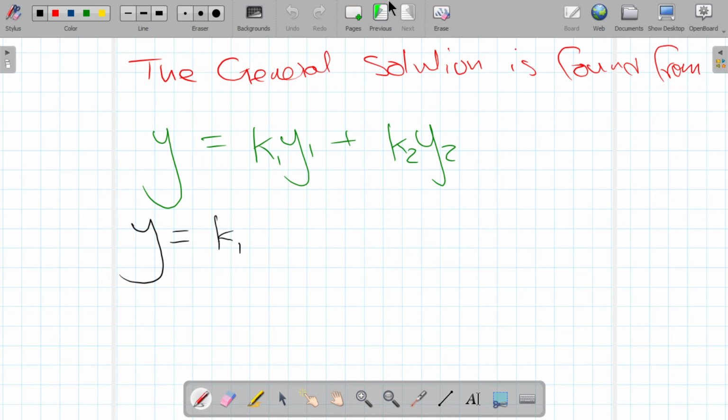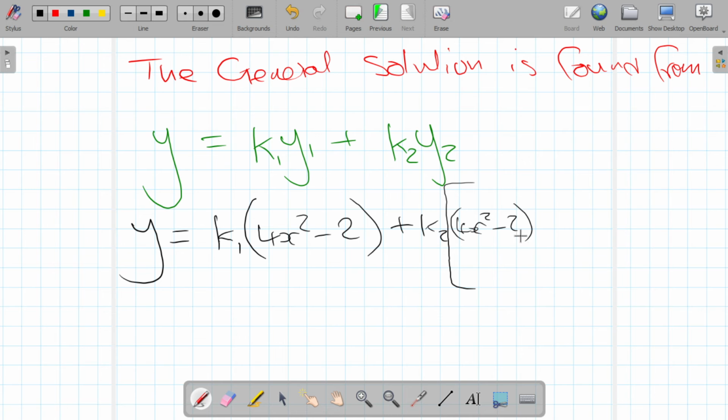So we've got k1 times 4x squared minus 2, plus k2 times, in brackets, 4x squared minus 2 times the root of pi over 16.